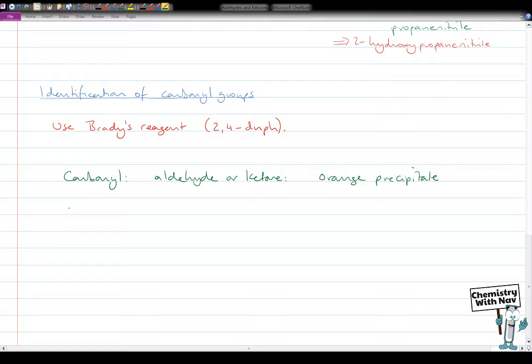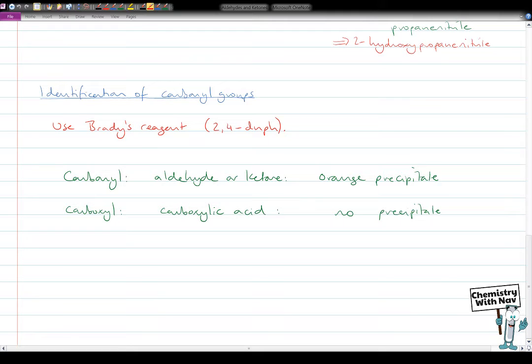But if you have a carboxyl group, such as a carboxylic acid, then you get no precipitate. So immediately this rules out any carboxylic acid that you may have in your unknown substances.